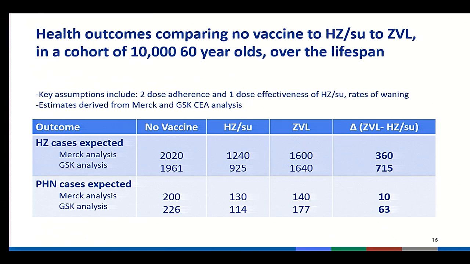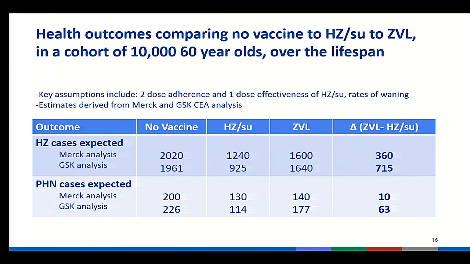And now let's look at those same 3 cohorts modeled over the lifespan. A number of assumptions have been made regarding 2-dose compliance and 1-dose effectiveness of herpes zoster subunit, as well as the rates of waning of both vaccines. And these, once again, were presented in the previous presentation. The following estimates are derived from Merck and GSK analyses.